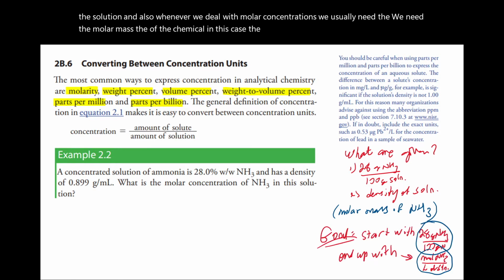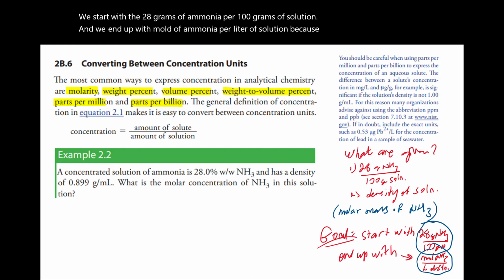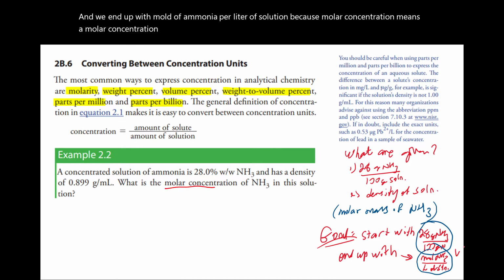So using those, the goal is we start with the 28 grams of ammonia per 100 grams of solution, and we end up with mole of ammonia per liter of solution, because molar concentration means the mole of the solid, which is in this case the ammonia, divided by the liter of the solution.